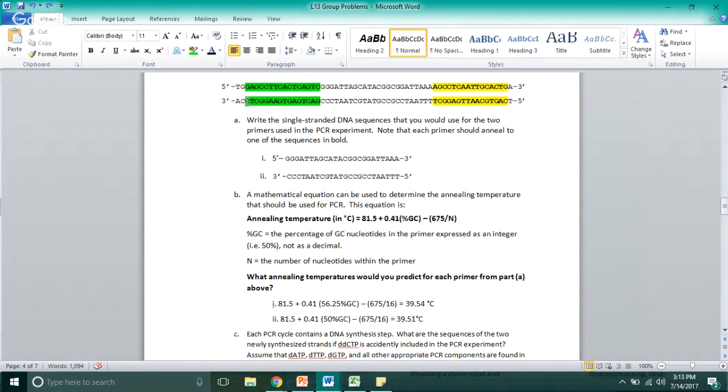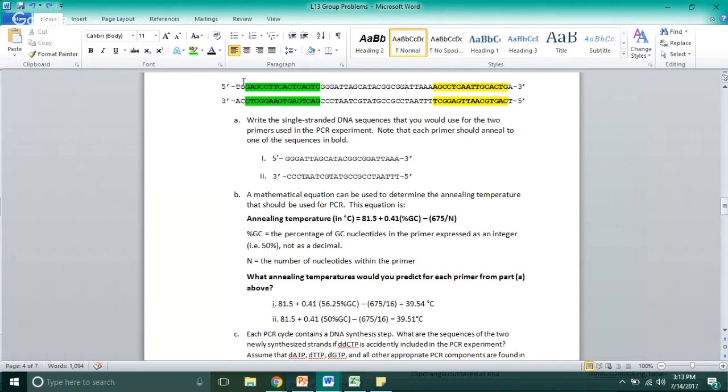This is your primer area, and you count how many nucleotides are in the primer. I think there's 16. So 1, 2, 3, 4, 5, 6, 7, 8, 9, 10, 11, 12, 13, 14, 15, 16. That's your N, the number of nucleotides within the primer.